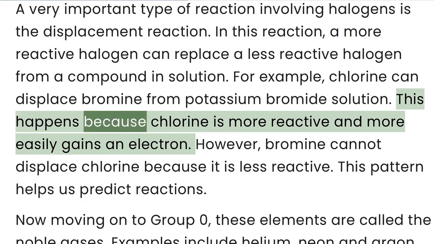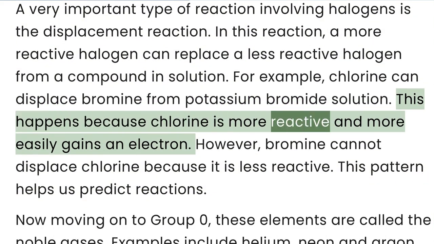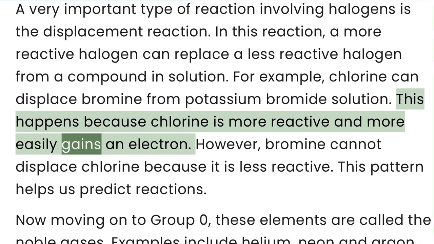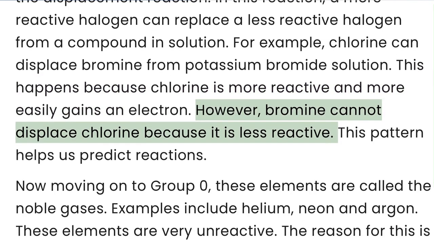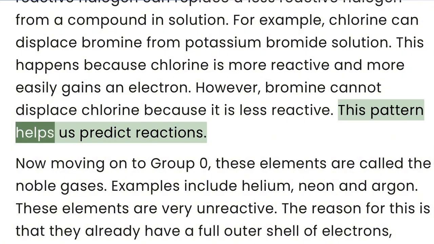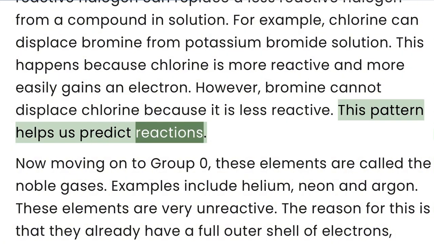This happens because chlorine is more reactive and more easily gains an electron. However, bromine cannot displace chlorine because it is less reactive. This pattern helps us predict reactions.